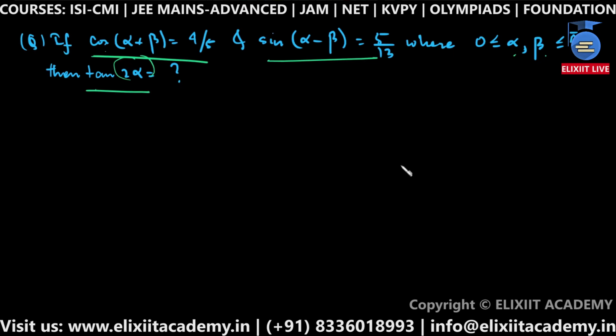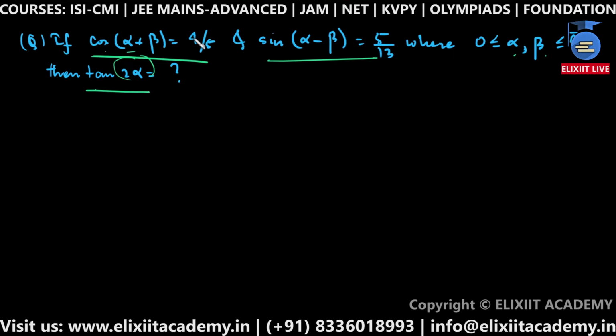Either adjust them or do something so that we can easily solve the question. In this case, one pattern over here is, if you carefully see, you have tan 2 alpha and we have alpha plus beta over here. So we are going to write this 2 alpha.